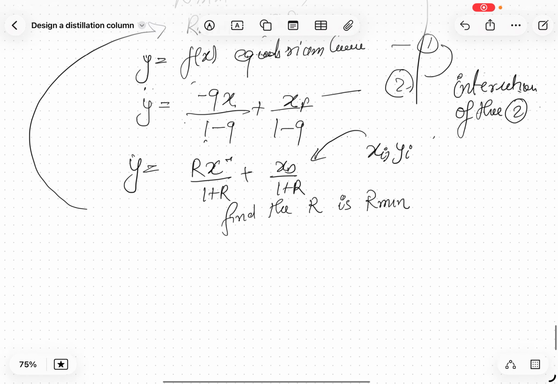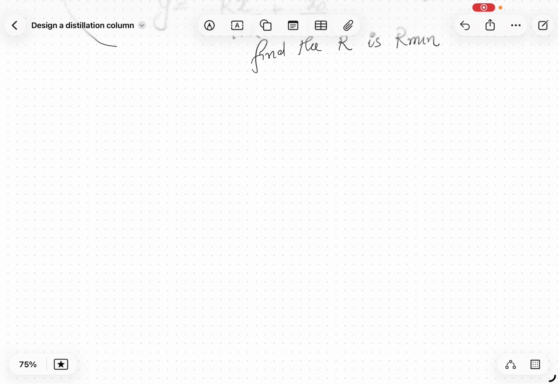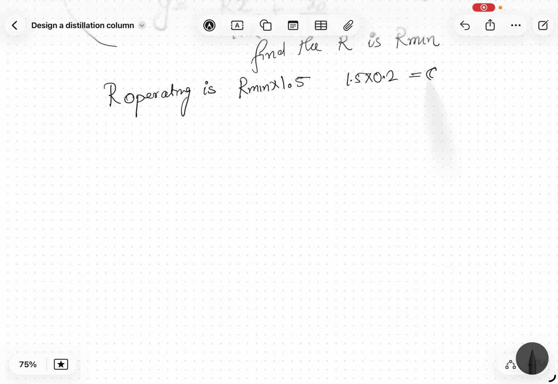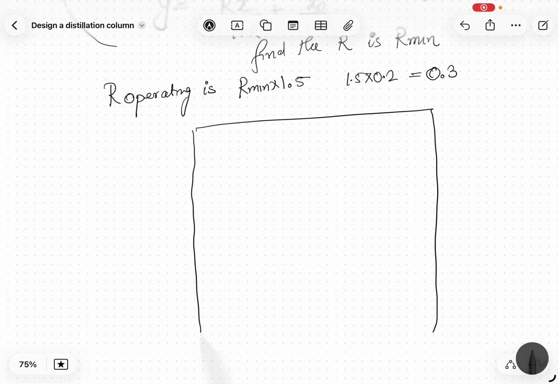Now how do we calculate the number of stages, or how do we find R operating? R operating in general is R minimum into 1.5. In general we use this value, so for us it becomes 1.5 into 0.2, which is 0.3. Now how do I calculate the number of stages at this operating reflux ratio?